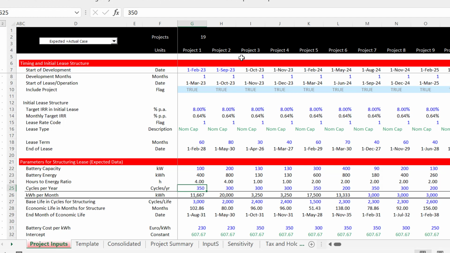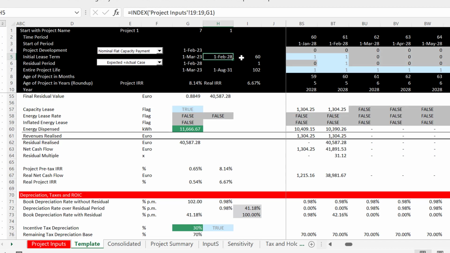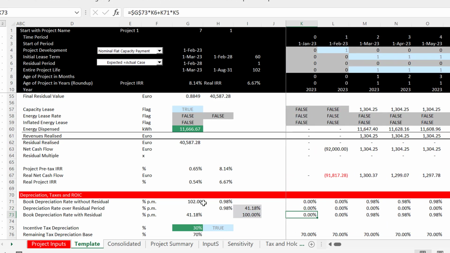It's more than 350 cycles would be more than every day in a year. And then our lifetime is a little bit shorter, and we get 41% of our depreciation in that last year. So you take this one and you put it over here.